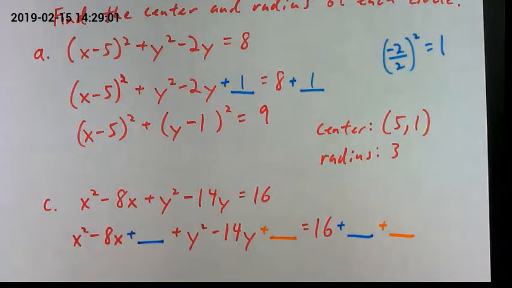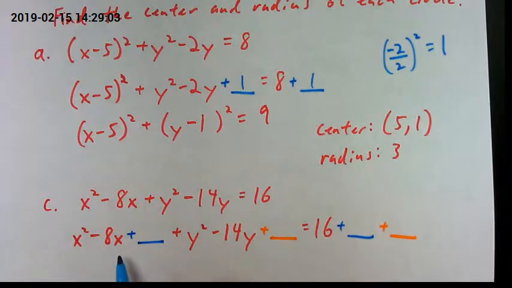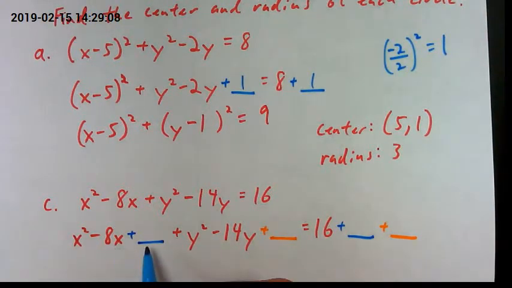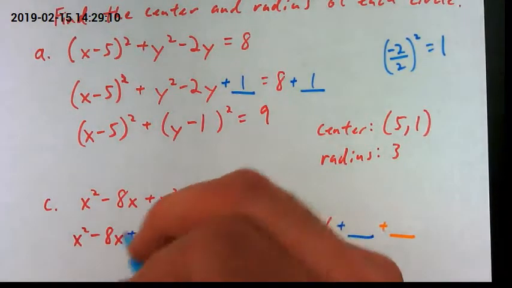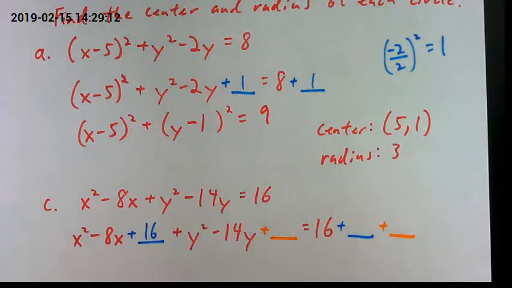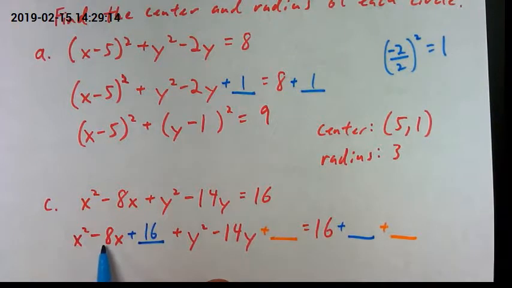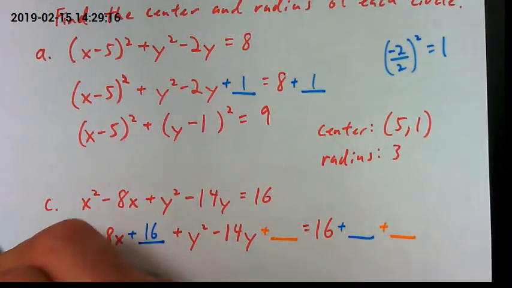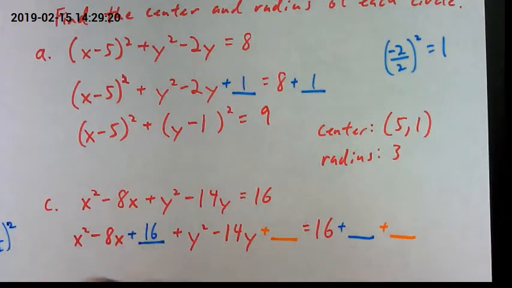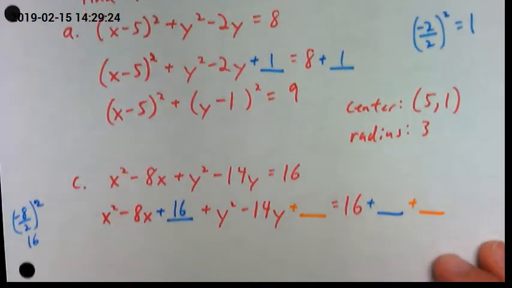So, for the first value, the b value for the x's, what value do you end up plugging in here? 16, yeah. Again, if you were to show your work on that, you had the negative 8, that's your b value, right? So, negative 8 divided by 2, and then squared, which gives you 16.